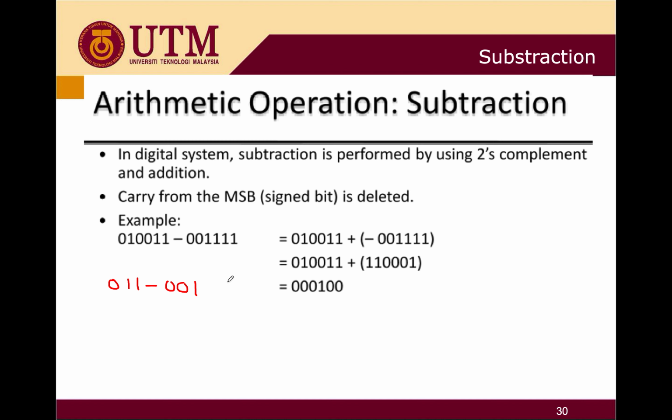So what happened? You cannot do this. 0, 1, 1, you add negative, let's say 0, 0, 1. You cannot use the sign method, because with the sign method you would change negative to be 1 in front, isn't it?